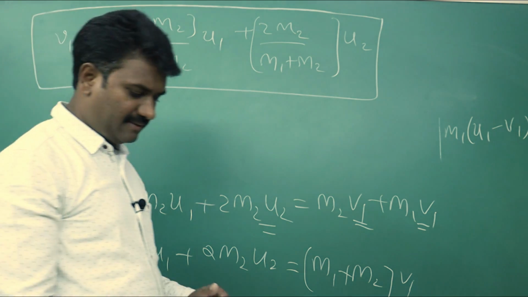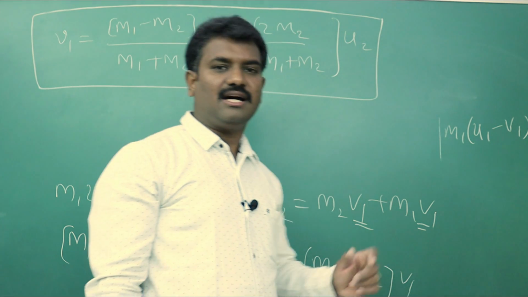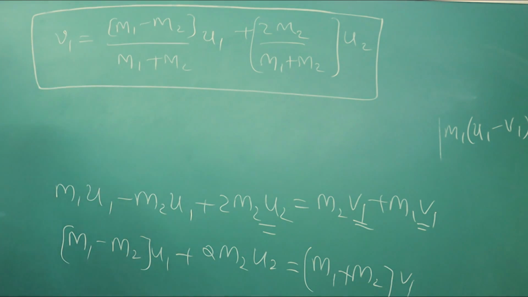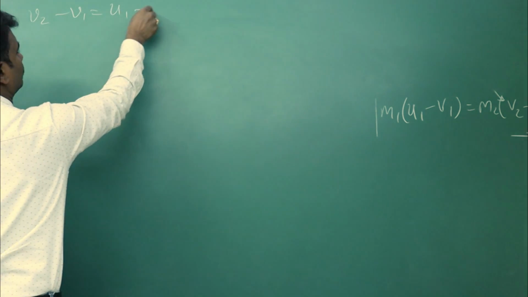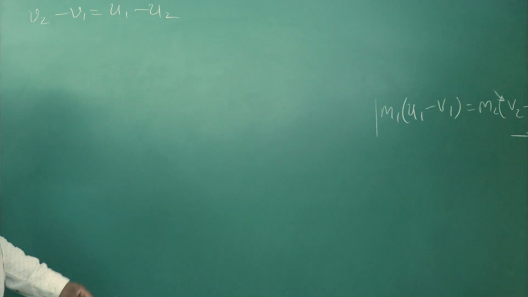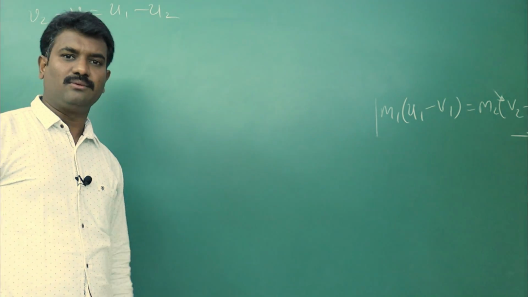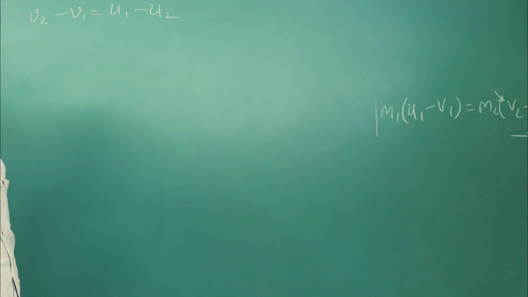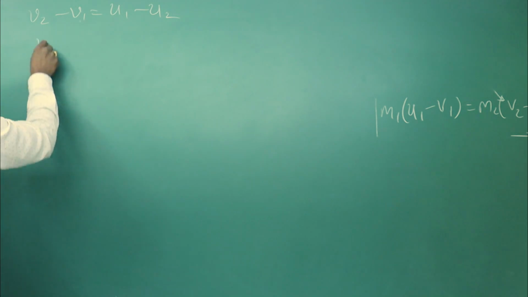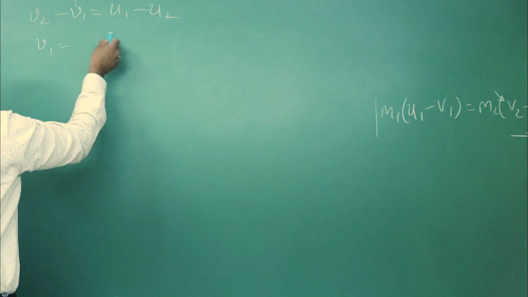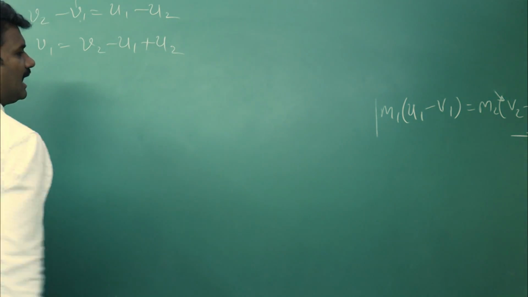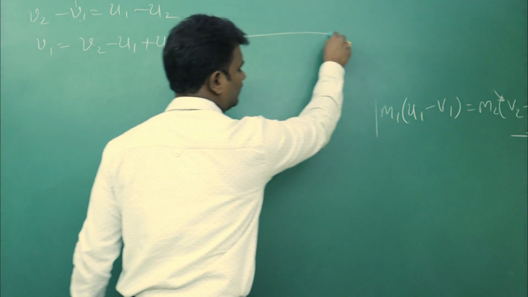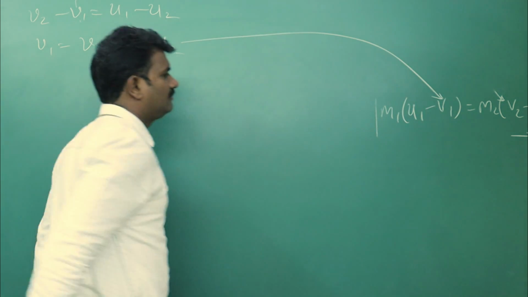Similarly, we can find the final velocity of the second object. Now our job is to find v2, which means we have to eliminate v1. So from this, v1 is equal to how much? I am going to substitute this in our previous equation.